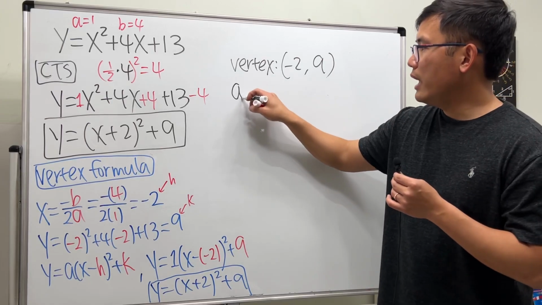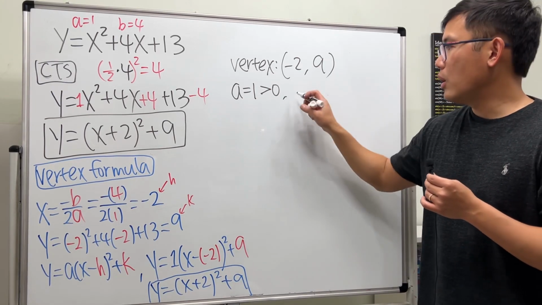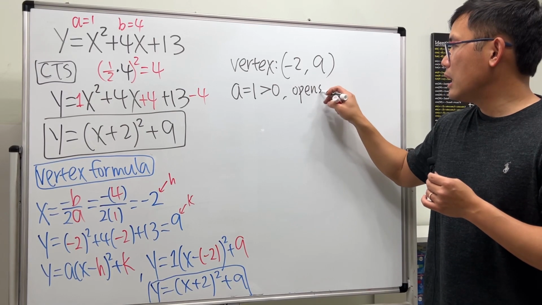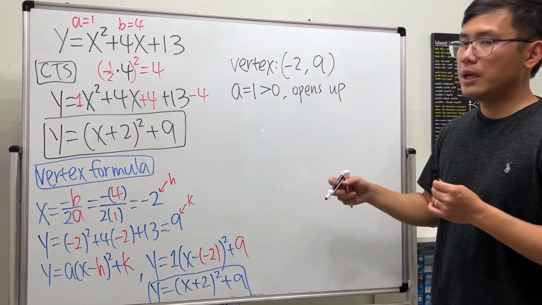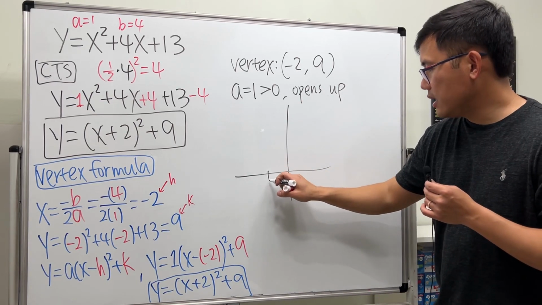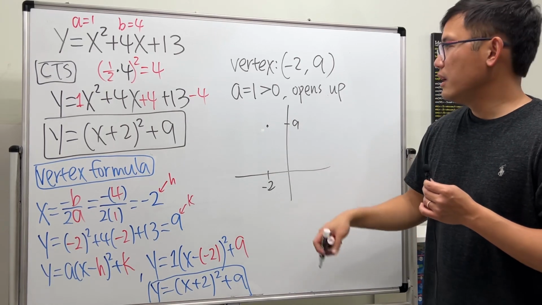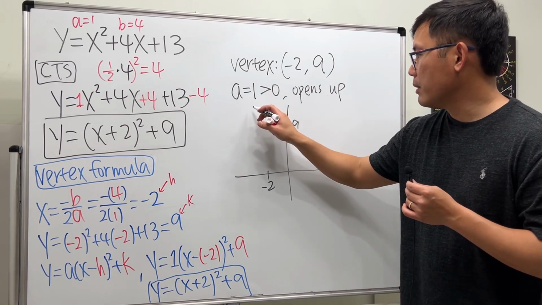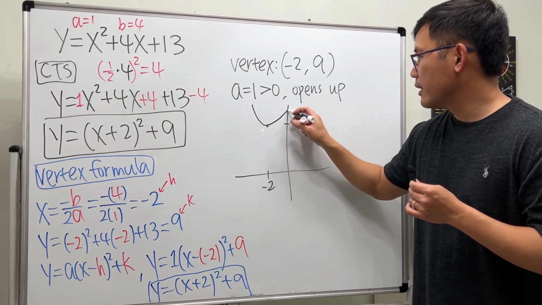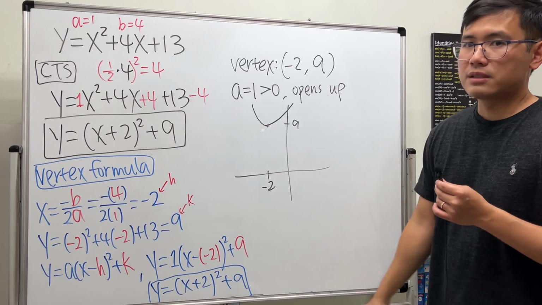And because we know a is equal to 1, which is greater than 0, that means the parabola opens upward. So we get a U shape, yeah? Okay, so let's say negative 2 is right here, and let's say 9 is right here. This is the vertex, and we will have an open up parabola like this. Something like that. It has no x-intercept, which is totally possible.